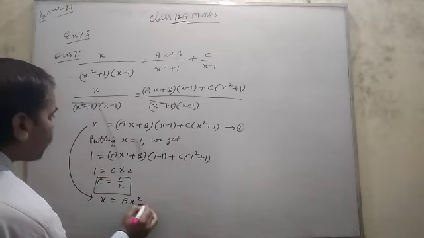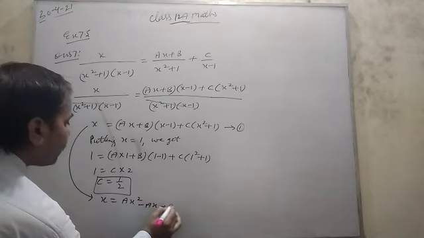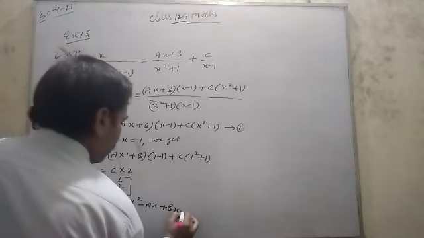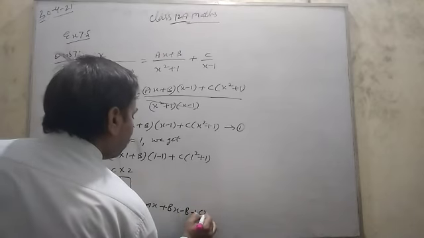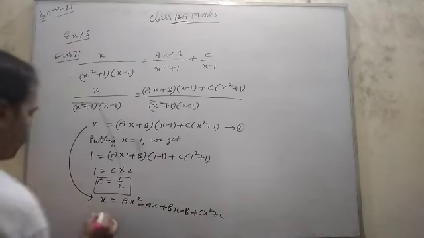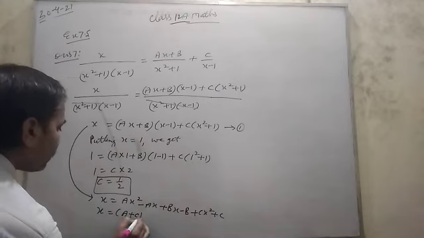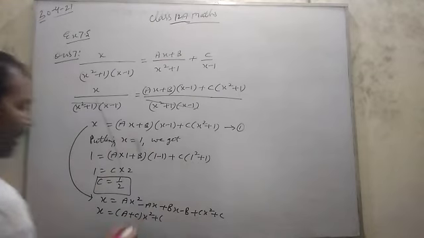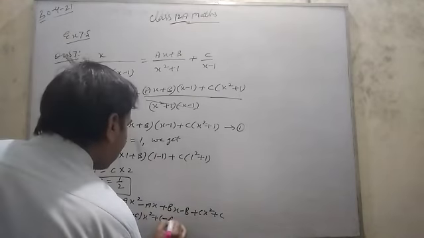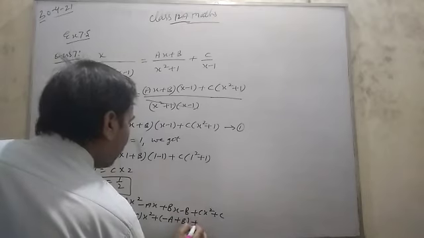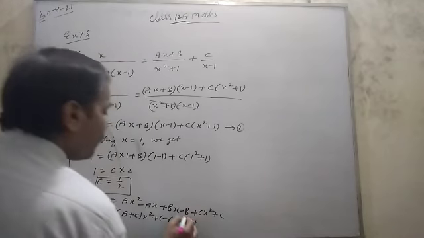So then again from the first equation, x is equal to, multiply. So ax square minus ax. So x square write together: a plus c times x square, plus x coefficients write together, minus a plus b, plus constant terms, without x.